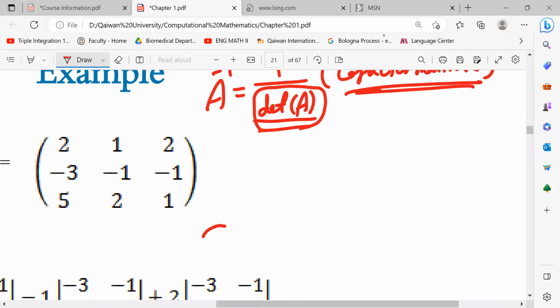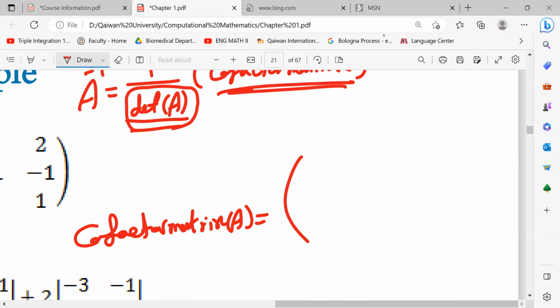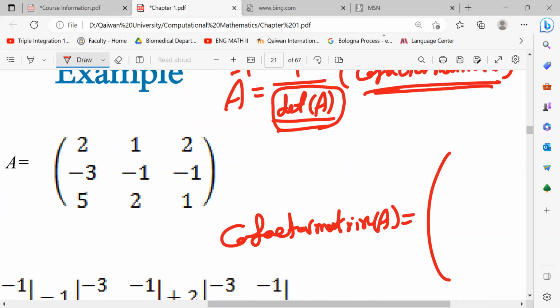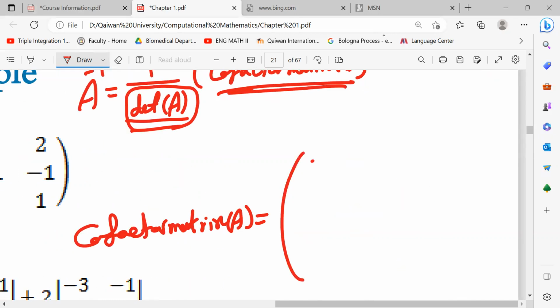The cofactor matrix of A is what? It is submatrices with their sign. Okay? This one is positive, then negative, then positive, because it is 1,1, it's 1,2, it's 1,3. So it's positive, negative, positive.